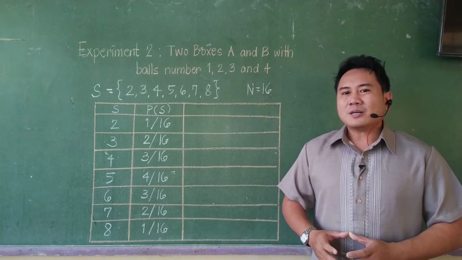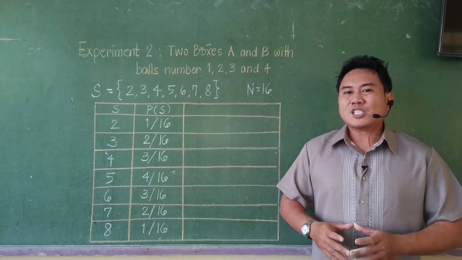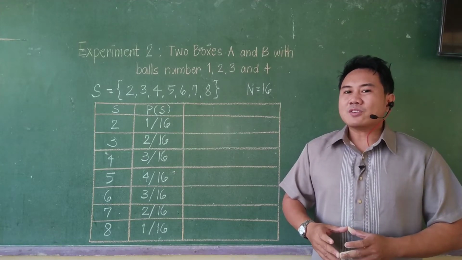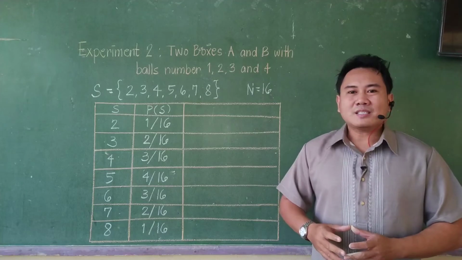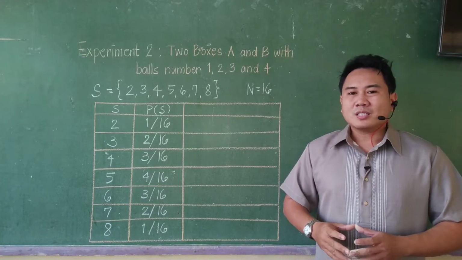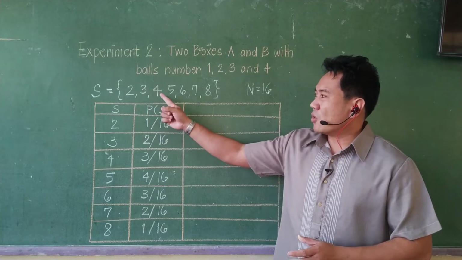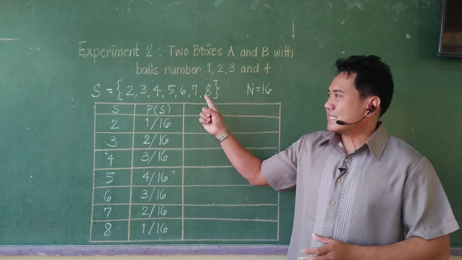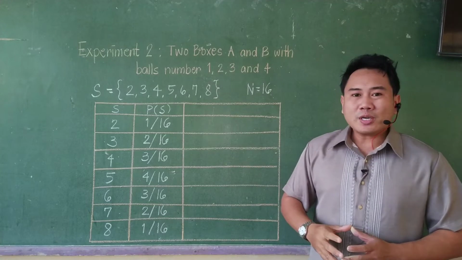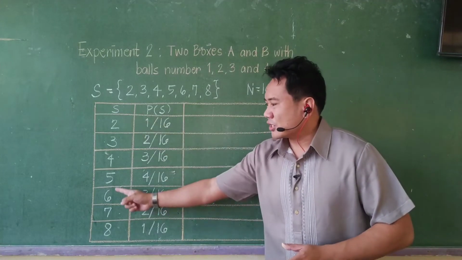We listed all the possible outcomes of that experiment. Our random variable S is the sum of those two balls. The possible values are 2, 3, 4, 5, 6, 7, 8. You can see it on this first column.